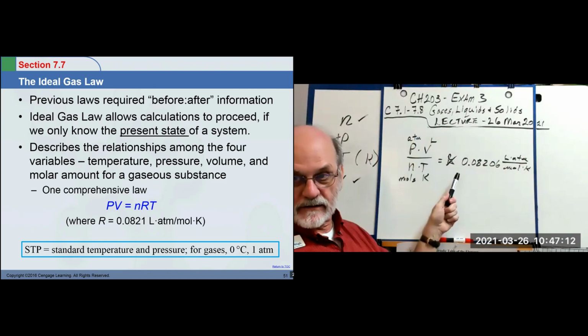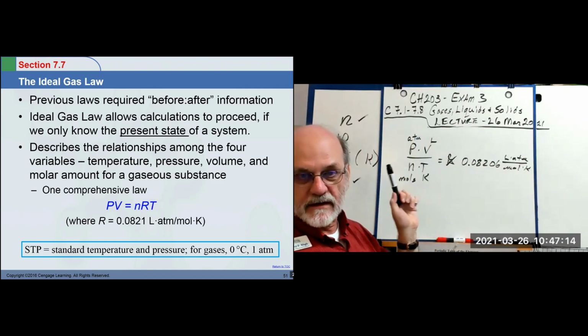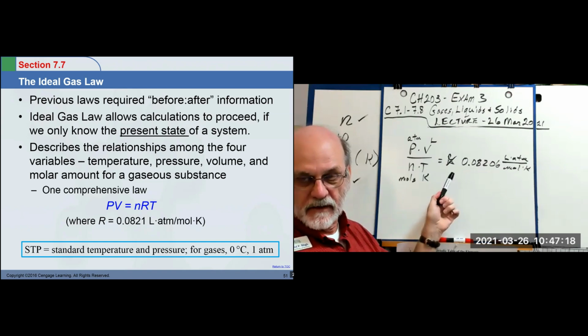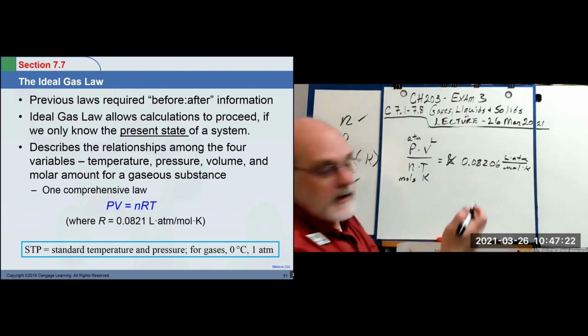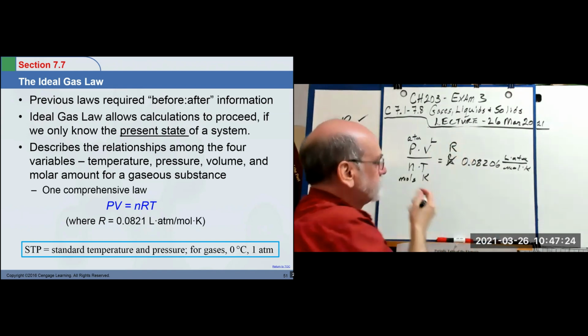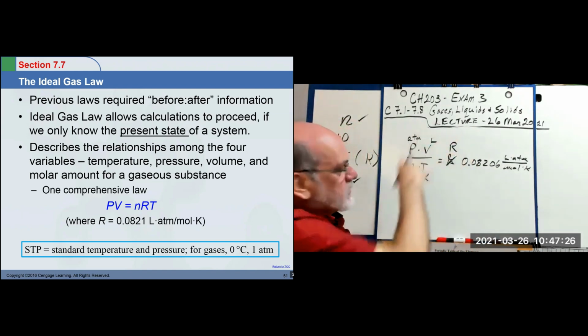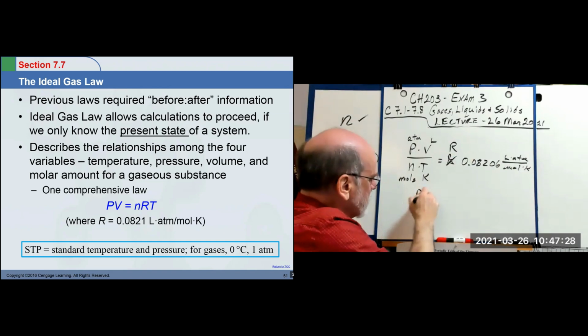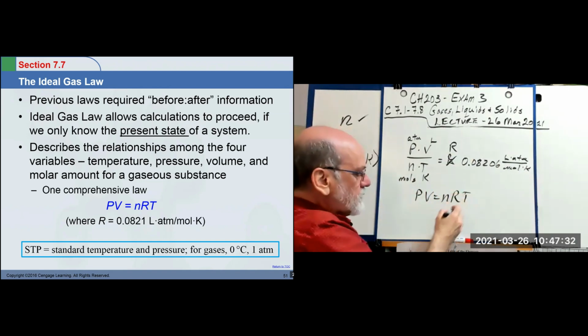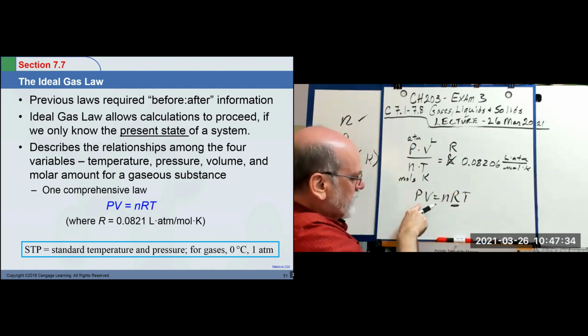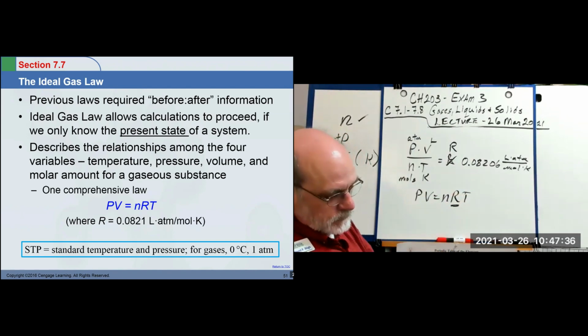That is a constant, and it's known as the ideal gas constant, which we give a special symbol, R. Rearrange it, and it usually looks like PV equals nRT. So there's your constant. These are your 4 variables.